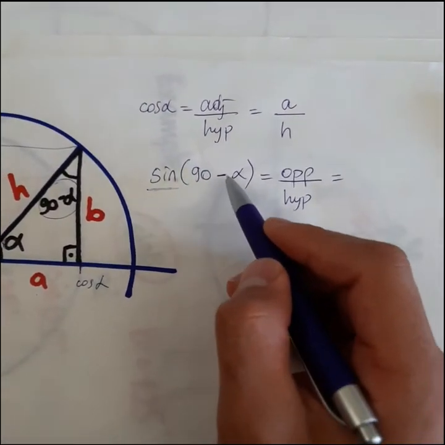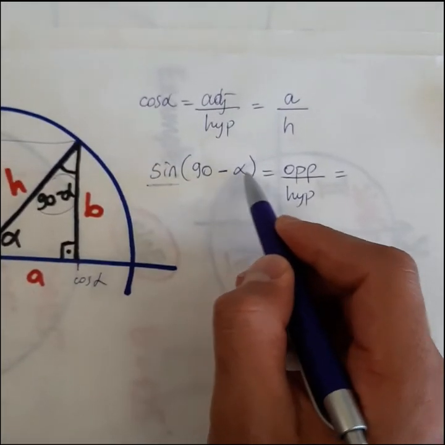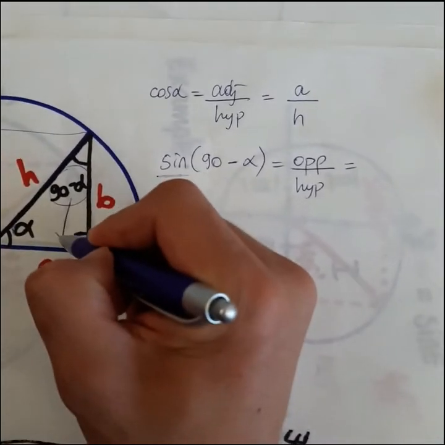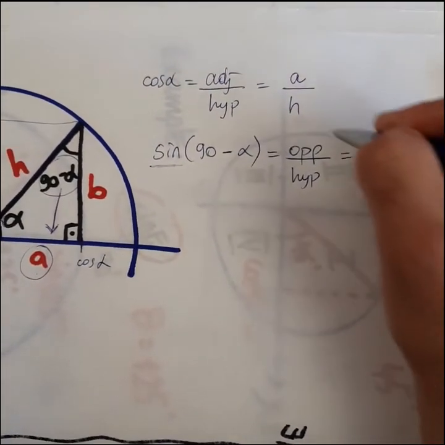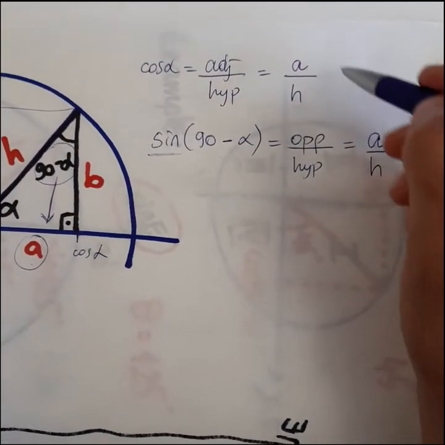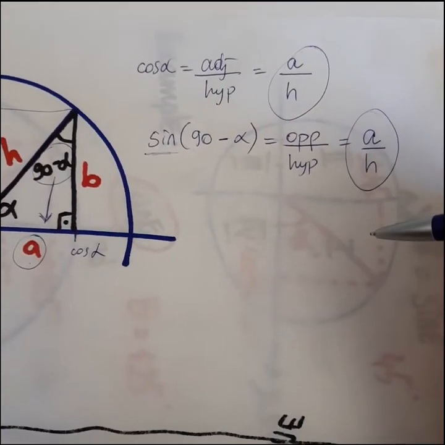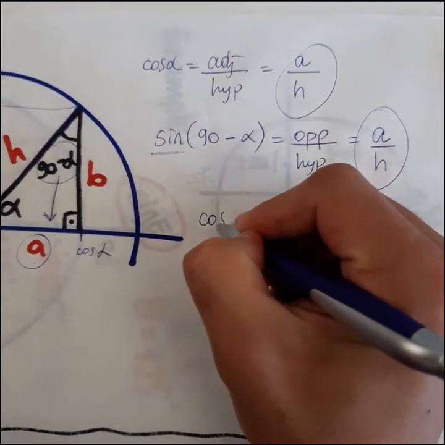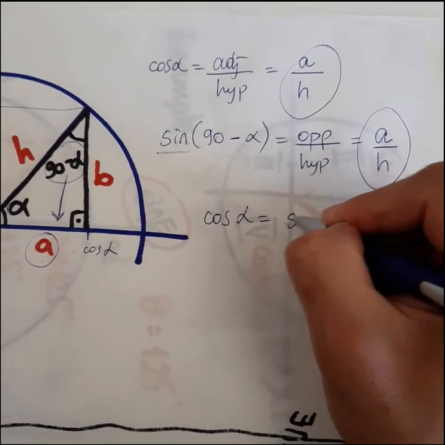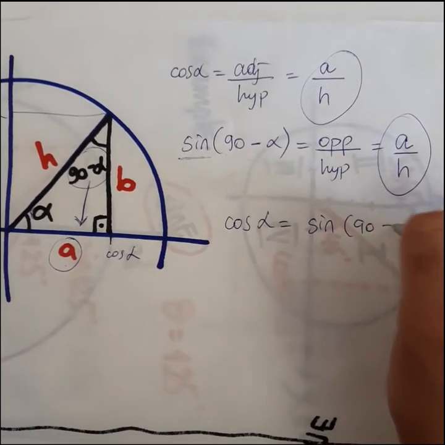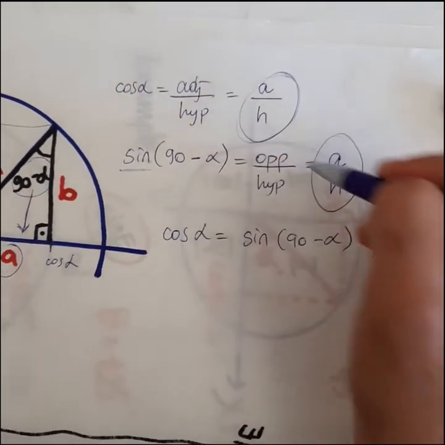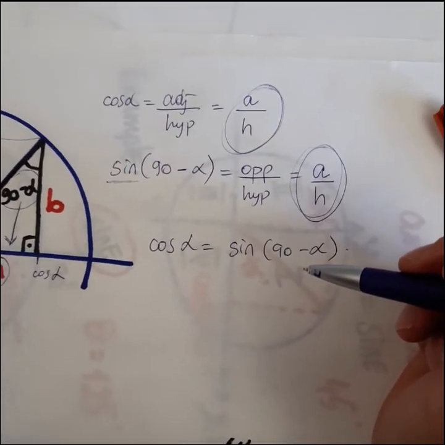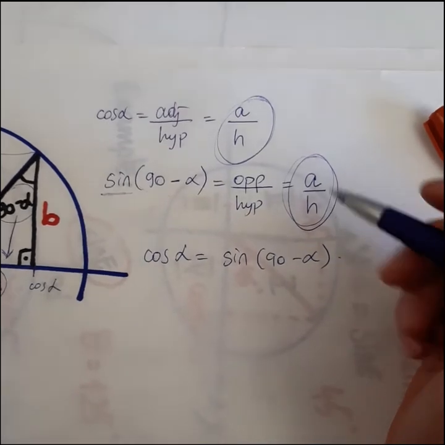The opposite of 90 degrees minus alpha is, look, here is A. So A divided by the hypotenuse. As you see, guys, cosine alpha and sine of 90 minus alpha are equal because of the ratios.